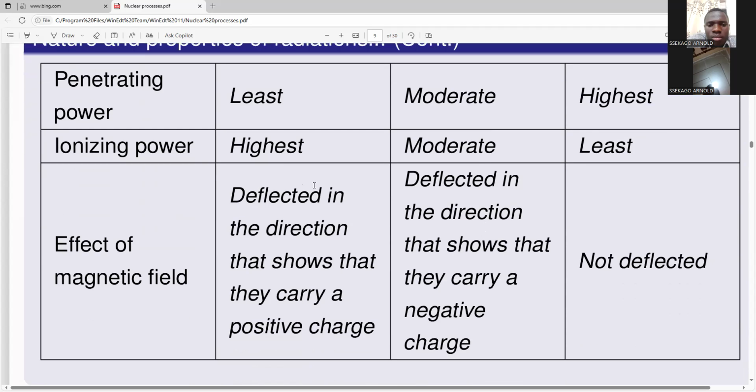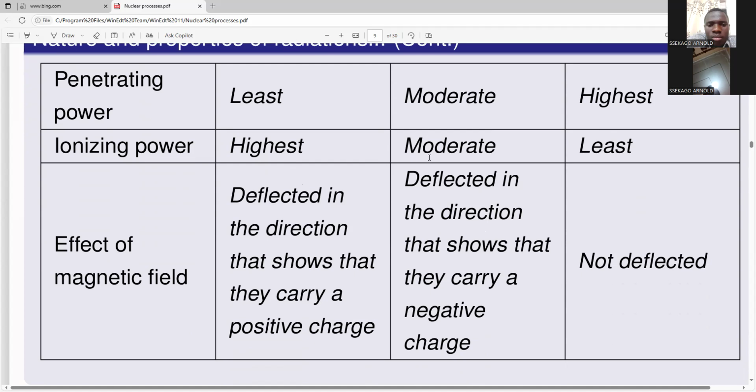Next, we look at ionizing power. Here we look at the rate at which these particles can ionize, the power of their ionization, the rate at which they can be converted into ions. So alpha particles have the highest ionizing power. In fact, they even carry positive charge.